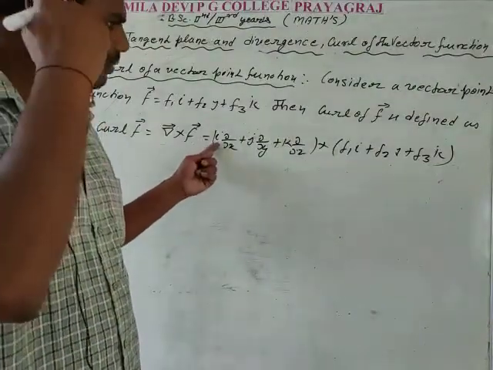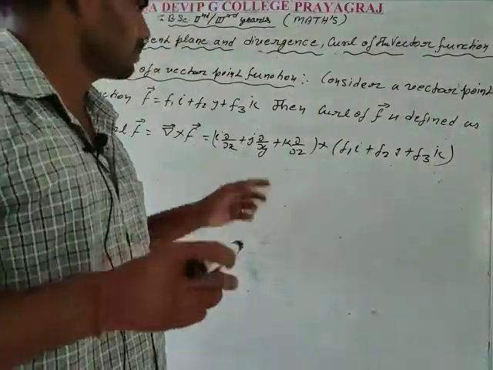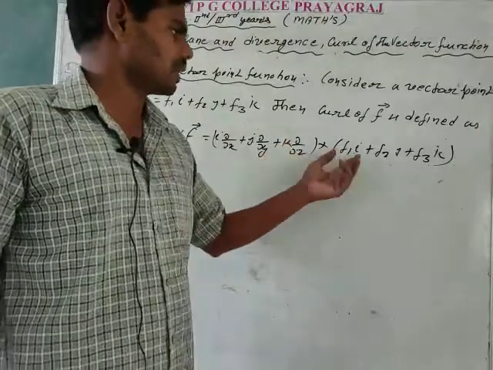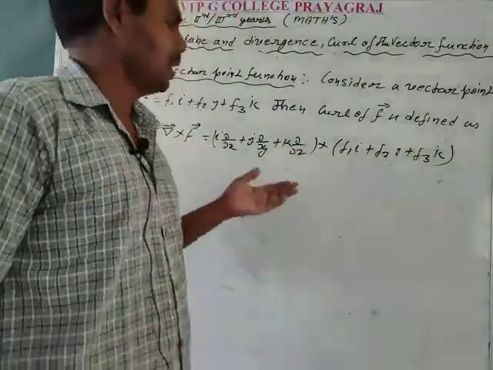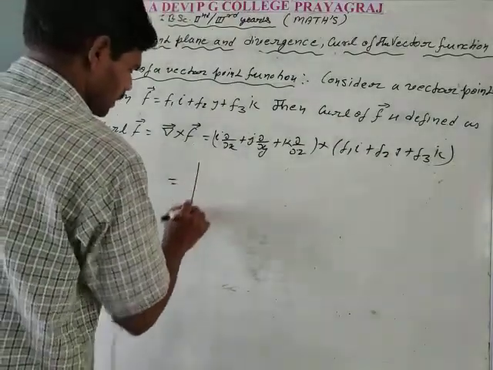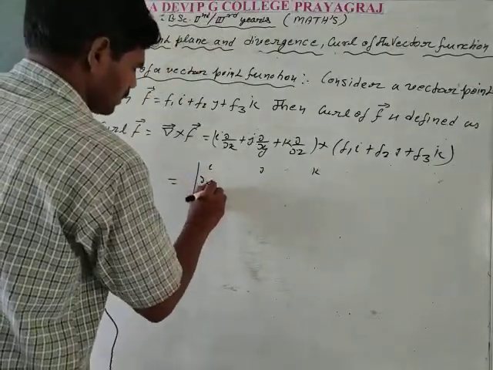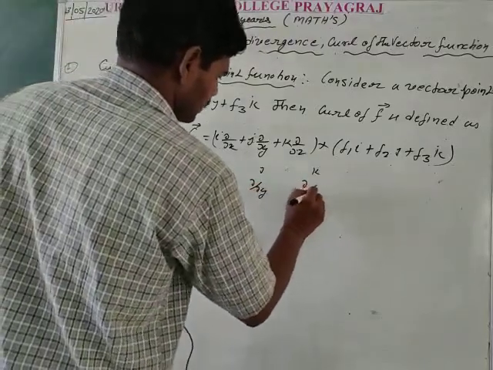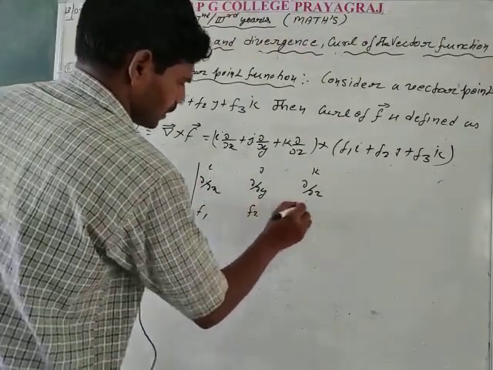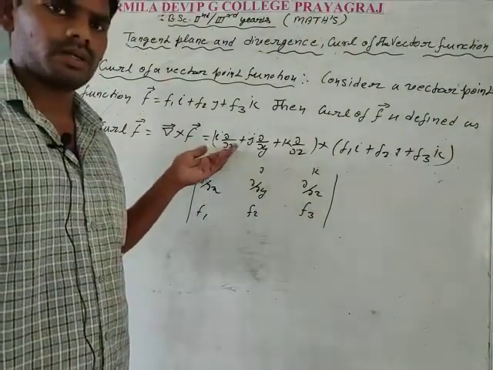Taking cross product of i with i, j, k, then j with i, j, k, then k with i, j, k, you can apply these rules, or you can apply the second rule: the determinant with rows i, j, k; del by del x, del by del y, del by del z; and f1, f2, f3, by the rule of determinants. It depends on you.